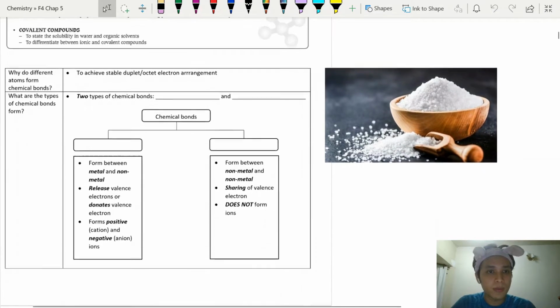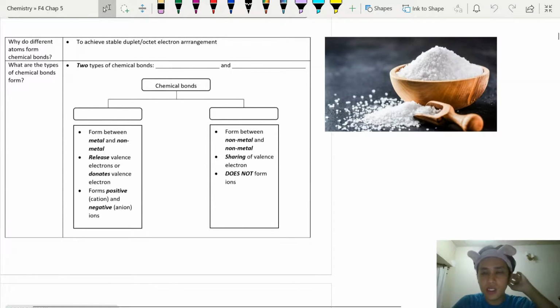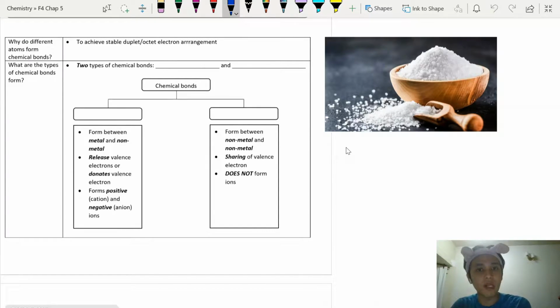Alright, I'm not going to waste much time. Bonding. What is a bond? Technically, when you combine different elements to produce a compound, how they combine is what we call bonding. We have the picture of salt here, and you know that the chemical formula of salt is sodium chloride, NaCl.